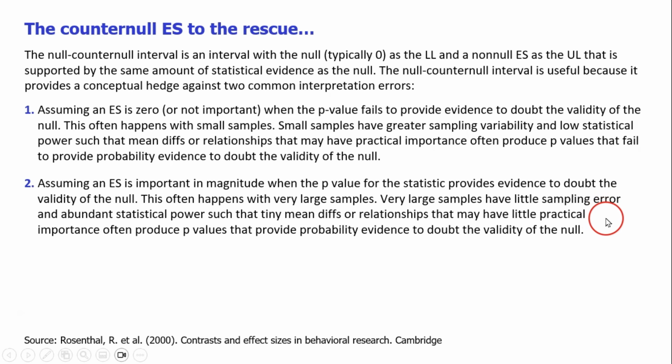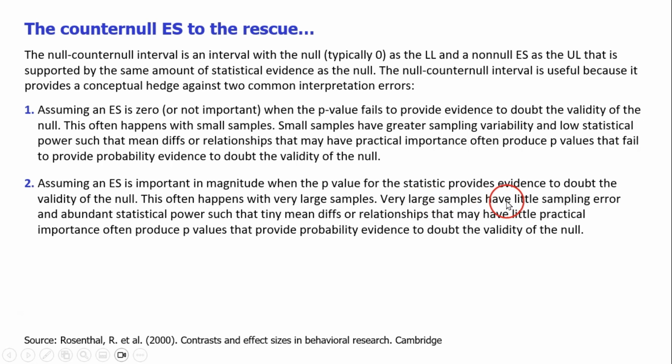The second one is assuming an effect size is important in magnitude when the p-value for the statistic provides evidence to doubt the validity of the null, i.e. 0 is not in the interval. This often happens with very large samples.